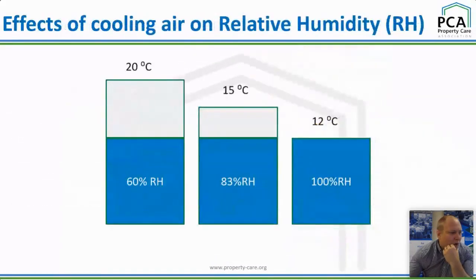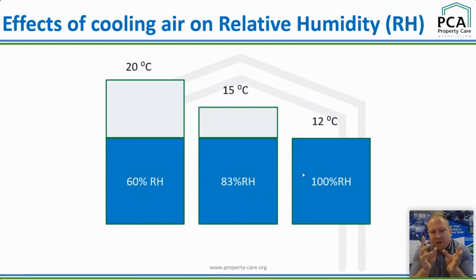To try and put that into easier terms, I quite like this little diagram. Essentially, the amount of water air can hold changes based on the temperature. The higher the temperature, the more water the air can hold.